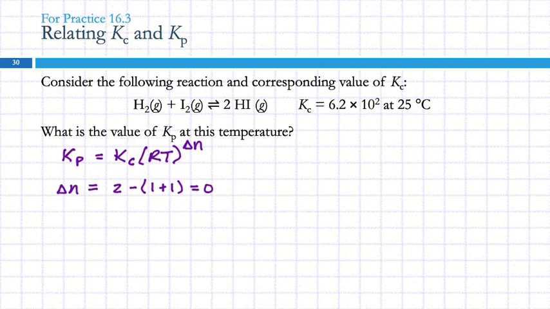We're always happy when this happens because it makes things easier. So then Kp is equal to Kc, and all we have to do is write down the number we were given. Because when we put that in here, Kc times RT to the 0 is just Kc.